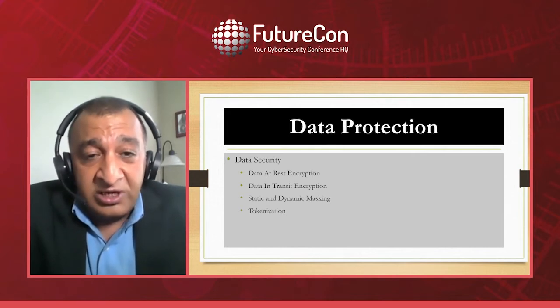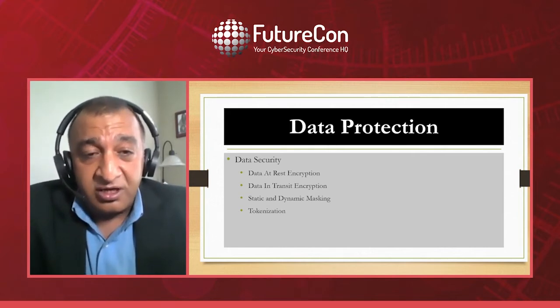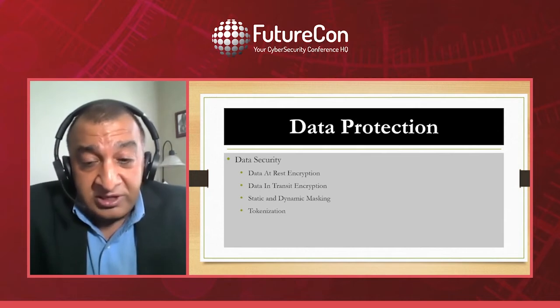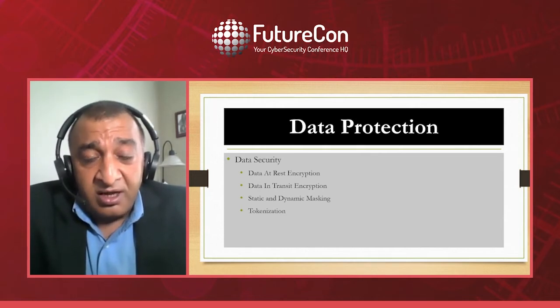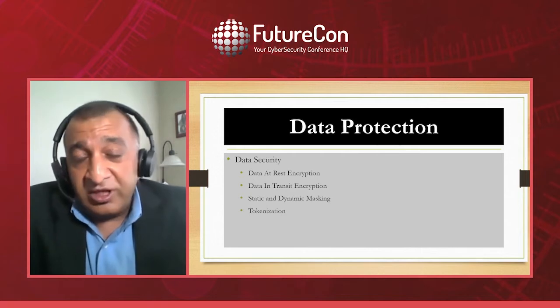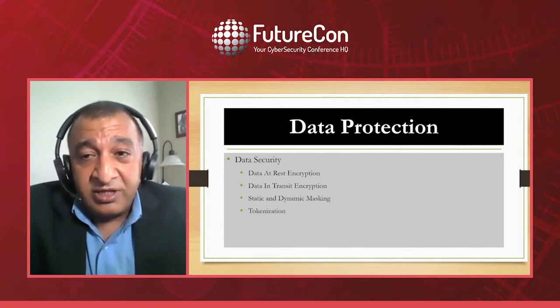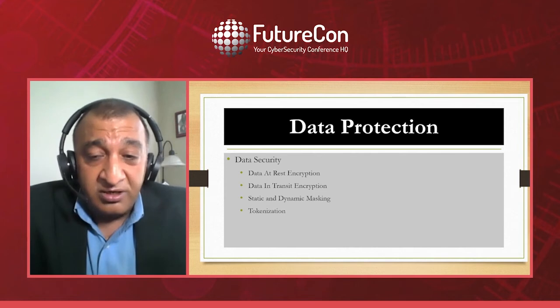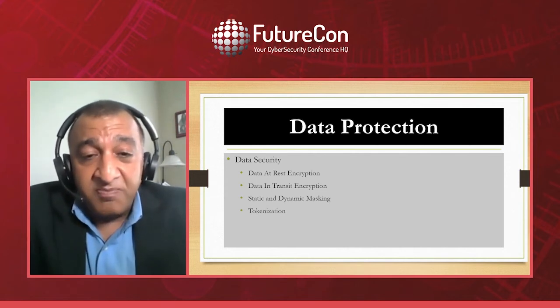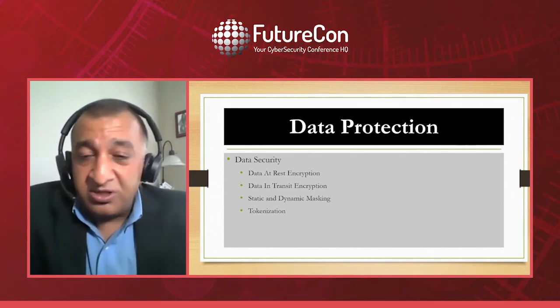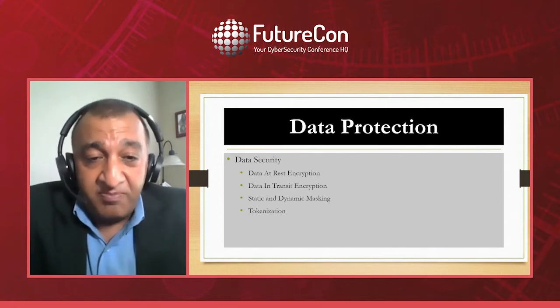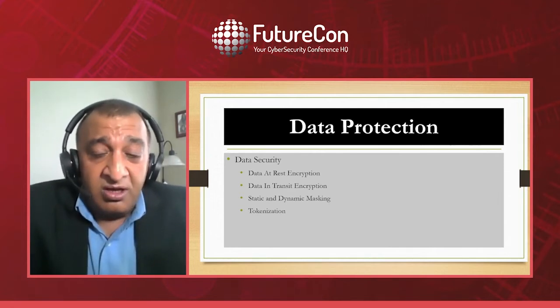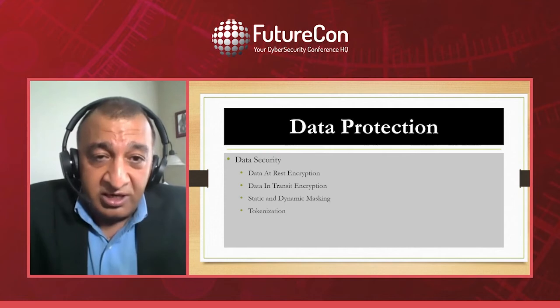So if DBAs or system admins have privileged access to database, right, and they go and log into the database, should they be able to view the table that has all the SSN, right? Should that SSN be masked for DBAs? They shouldn't be allowed to view your sensitive data, right?